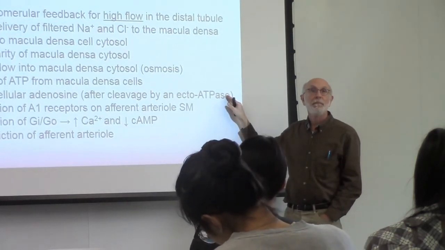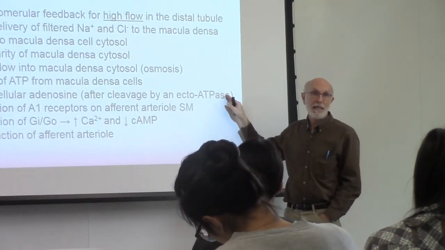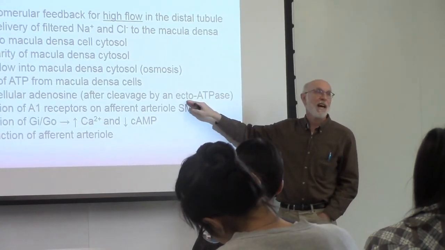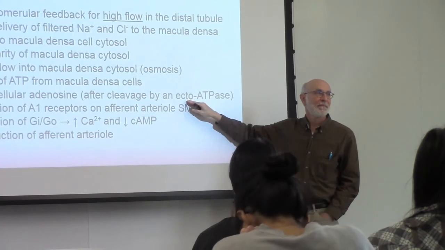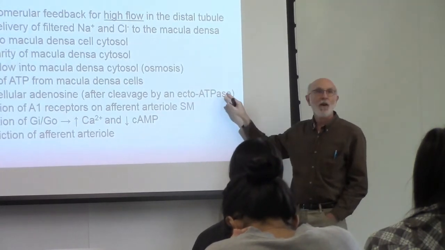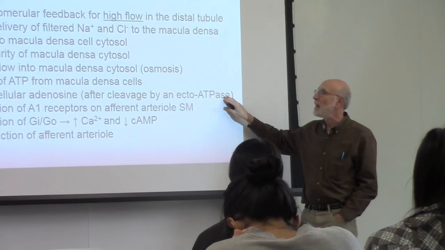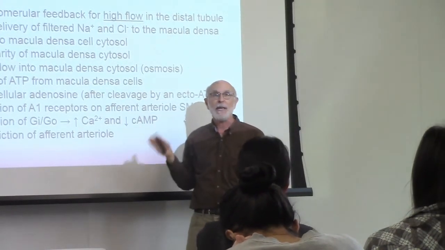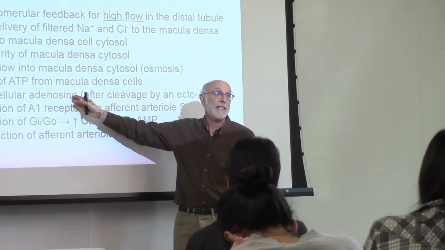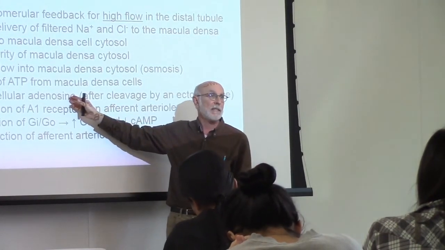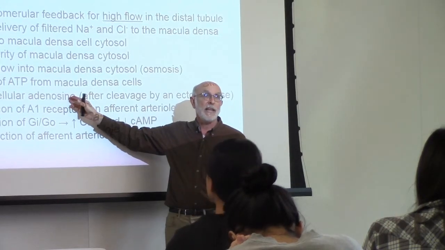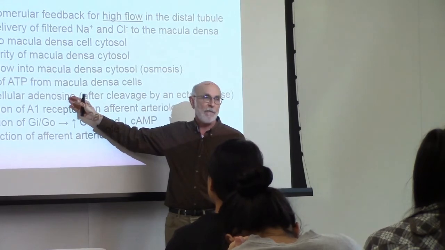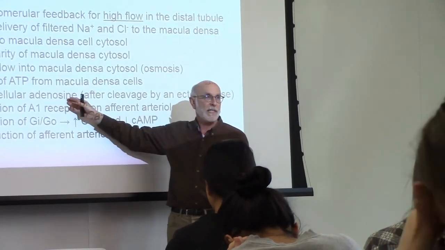An enzyme that cuts ATP. Ecto just means it's outside of cells. So there are ATPases outside of cells, and they cut the ATP to ADP, AMP, and then adenosine.